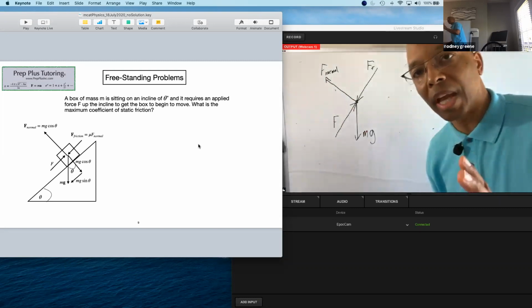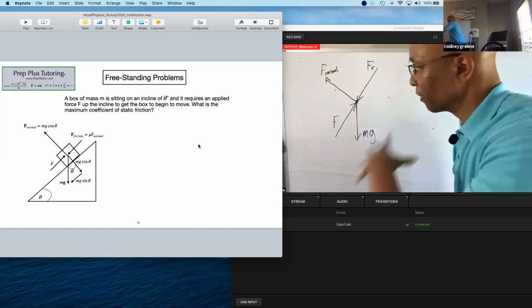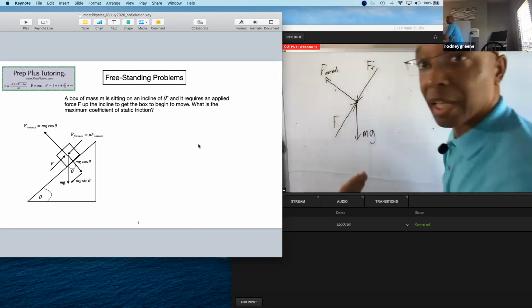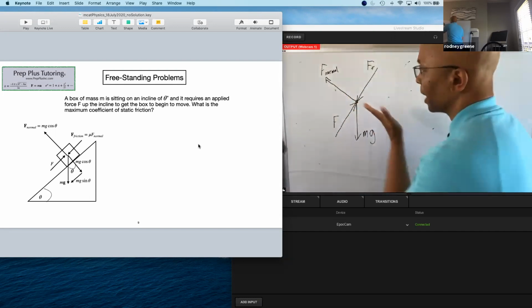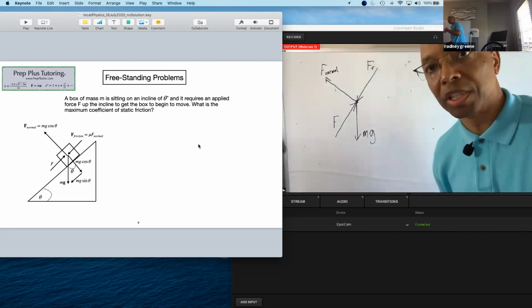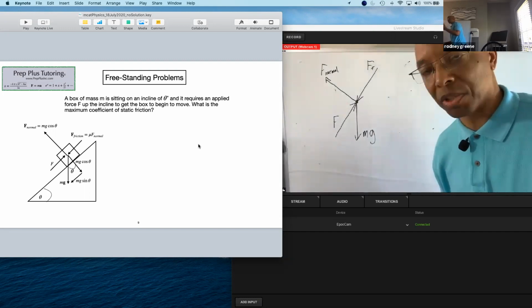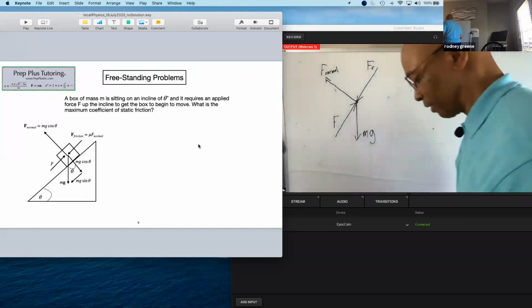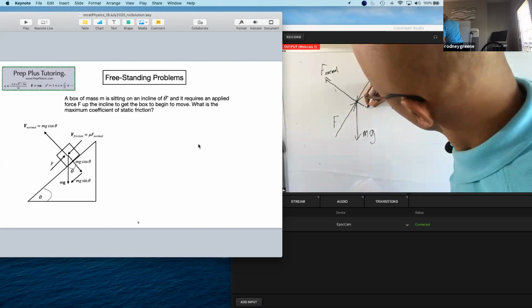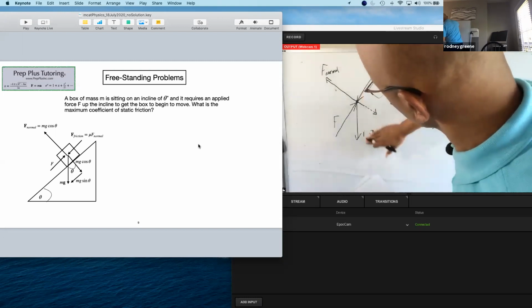So now we have to break up all these force vectors into a direction along the incline that we're mainly interested in and perpendicular to the incline. And that's where we use these trigonometric functions. And I'm just going to write down the result.